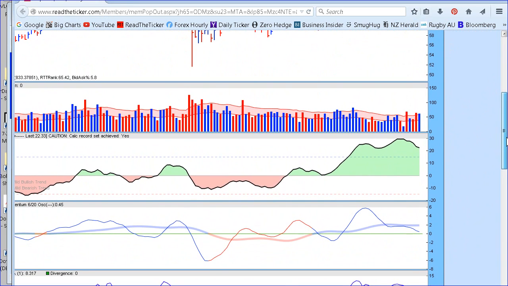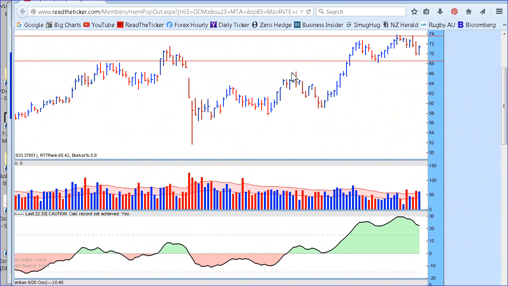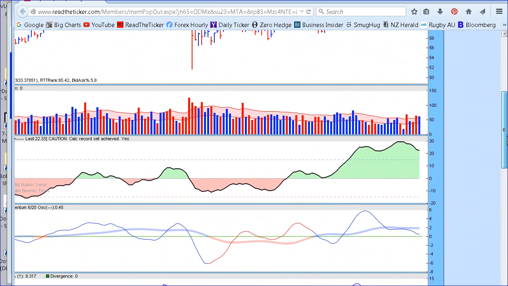The other thing I just want to mention is that cause and effect is a major part of watching price action, and it must be used when you're studying the waves. The other law is effort versus results.